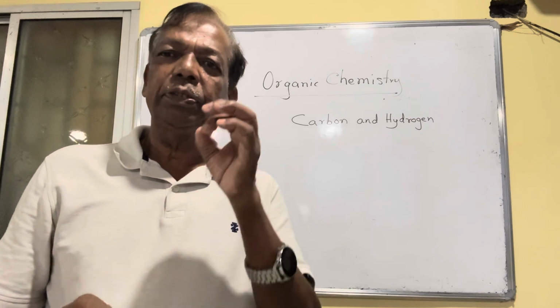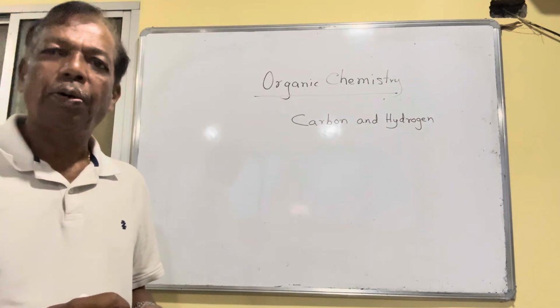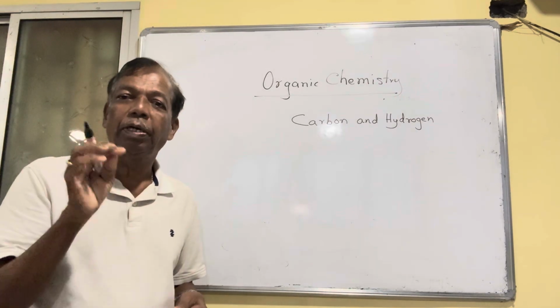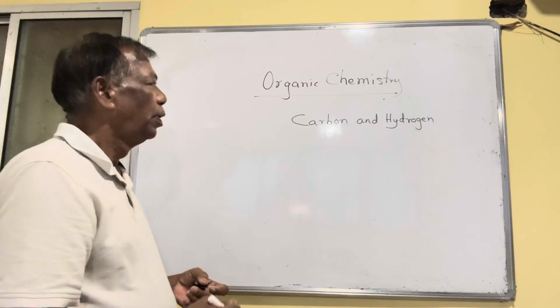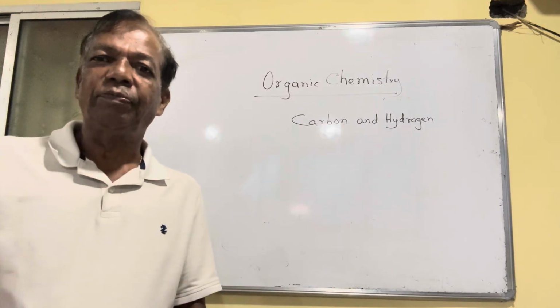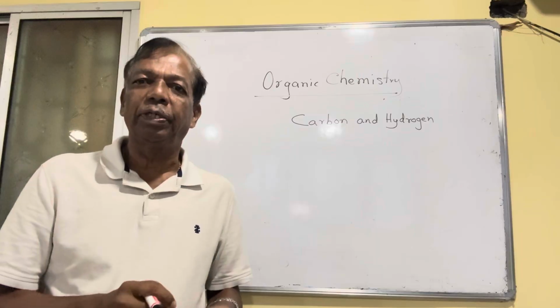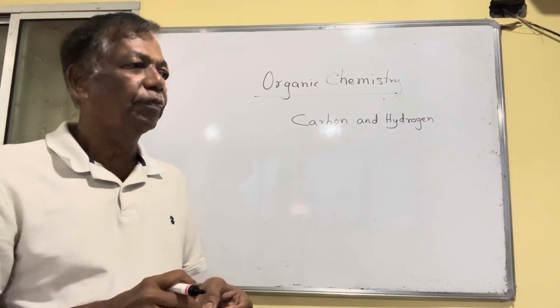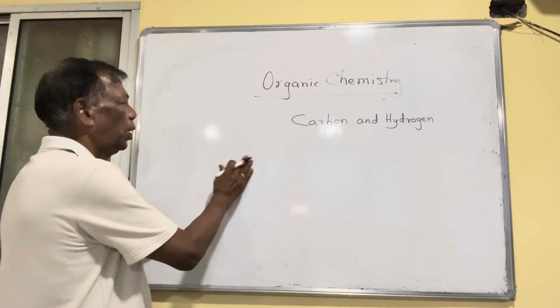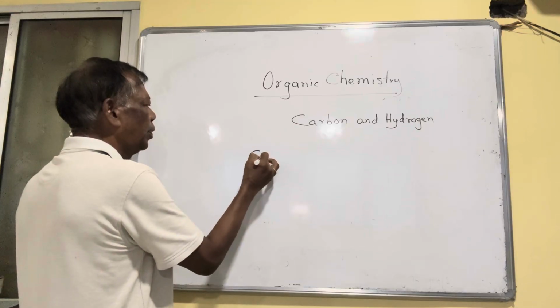Now, the first thing that students should know is how to write the formula of a compound. If you don't understand this part, just writing the formula will be of no use. So I will introduce how to write the formula of a compound.